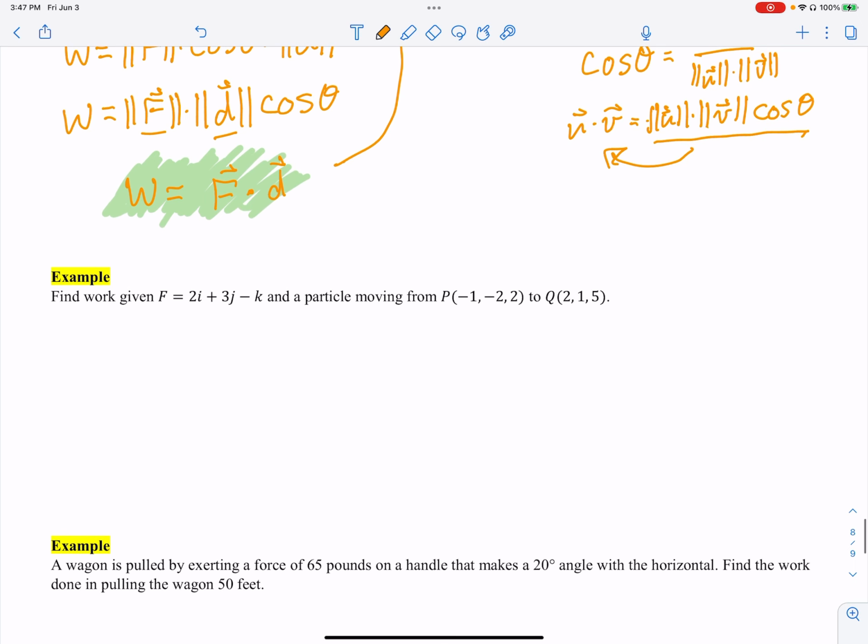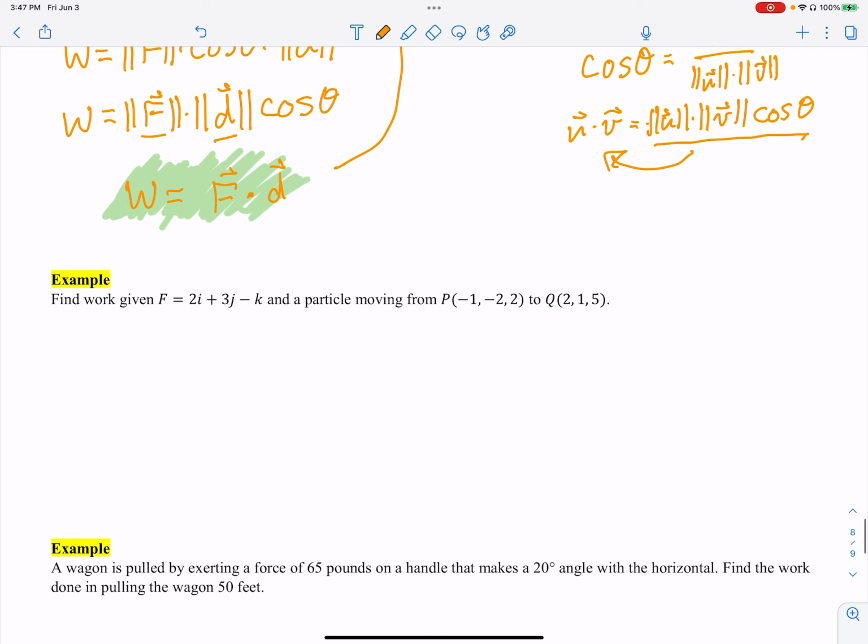All right, the first example says find the work given that the force is F, and a particle is moving from one point to the other. We have F, we just need the distance covered. I'm going to do component form, and that's just Q minus P. 2 minus negative 1 is a 3. 1 minus negative 2 is a 3. And 5 minus 2 is a 3. I'm going to write down F in component form: 2, 3, negative 1.